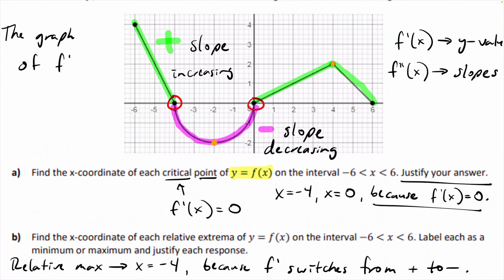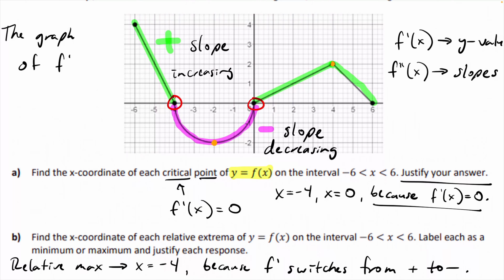Which creates what to change? So at corners or cusp points, what changes? The slope, right? The slope changes from decreasing to increasing at the first one, and then from increasing to decreasing.